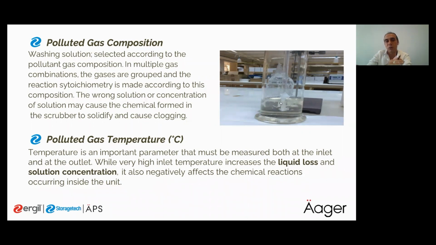You have to reduce the gas temperature because of the vaporization, because of the bacterial life. Also, a high gas temperature increases the liquid loss, and changes the pH. While designing the scrubber, we are following the gas temperature. What should be the gas temperature?